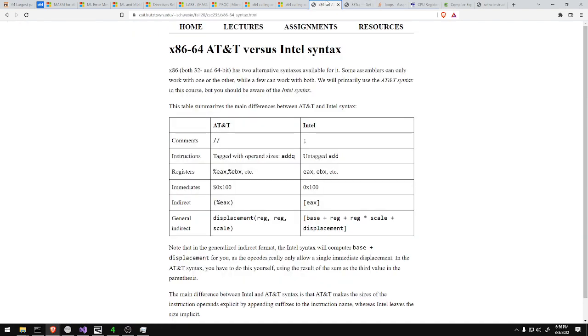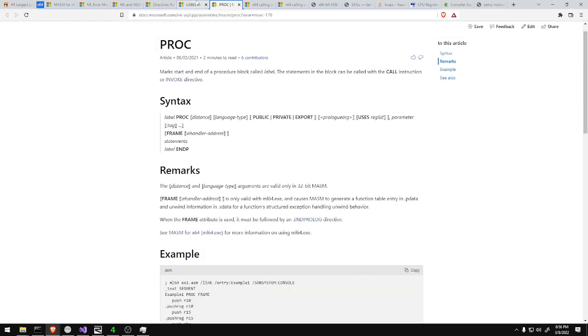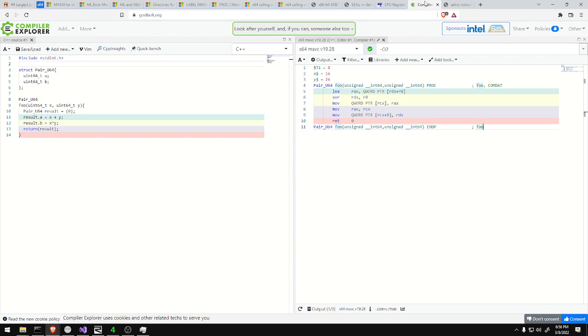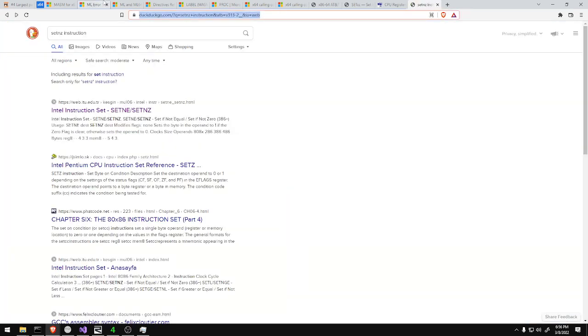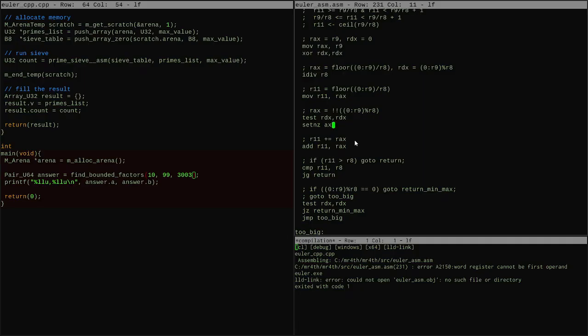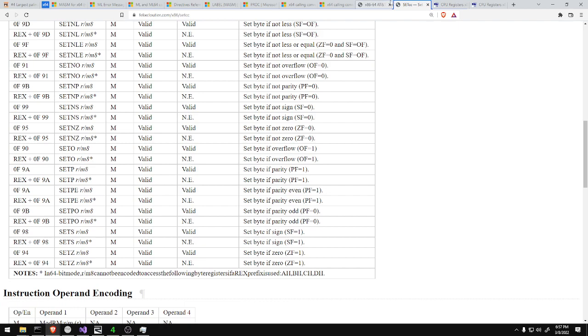Where do I have those register name tricks? AL. That do it? Okay, I don't love that because that suggests to me that it won't clear the upper bits.